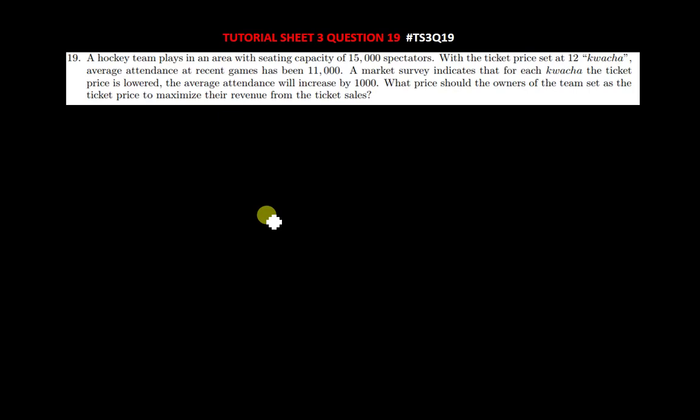So the question is saying, a hockey team plays in an area with a seating capacity of 15,000 spectators, and with the ticket price set at 12 kwacha, average attendance at recent games has been 11,000.